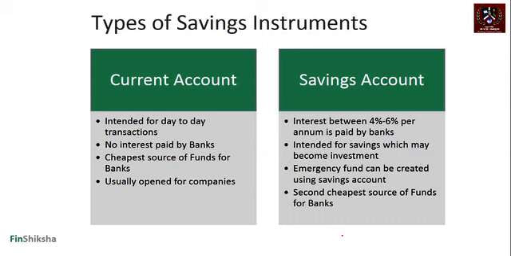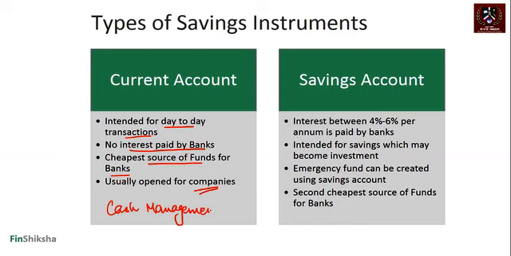So the first one that comes is the current account. Now, a current account is usually opened for corporates or companies, right? But individuals could open it in the capacity of a proprietor or a consultant. The idea is it's intended for day-to-day transactions. There is no interest paid by banks. It's the cheapest source of funds for banks, so banks want you to open a current account. Technically, the requirement of a current account is from the perspective of cash management.